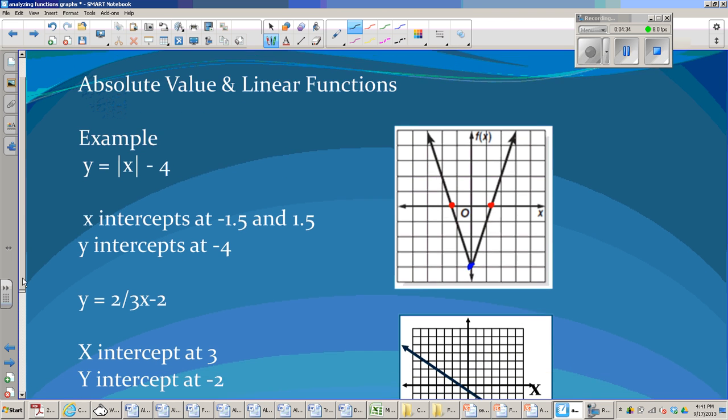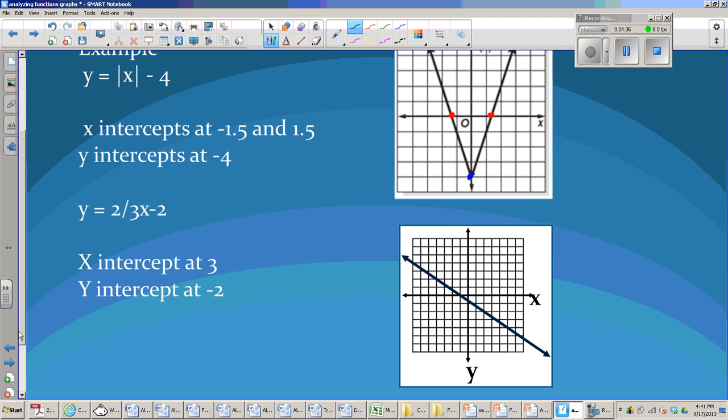Let's look at another example. This one's linear this time. y equals 2/3 x subtract 2. X-intercept. Where does it cross the x-axis? Oh, we have a wrong graph here. Let's graph this.